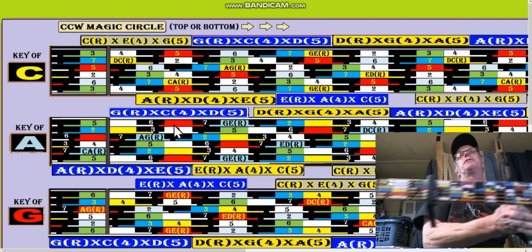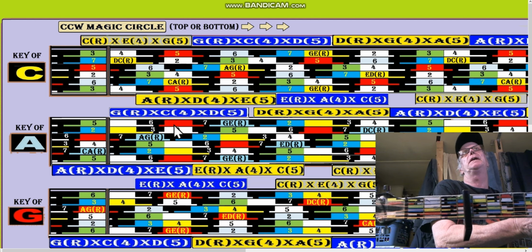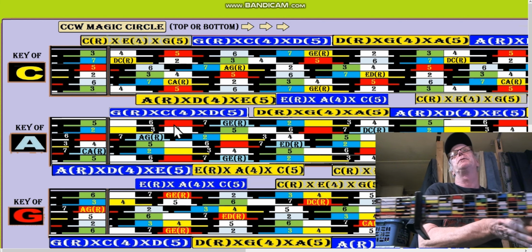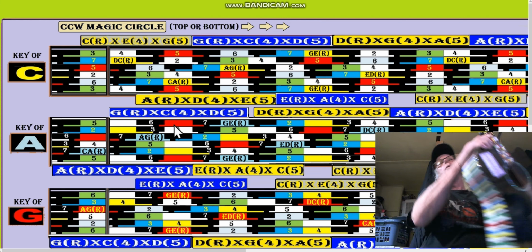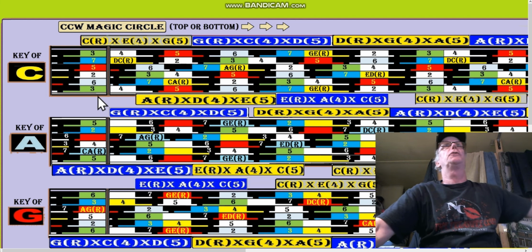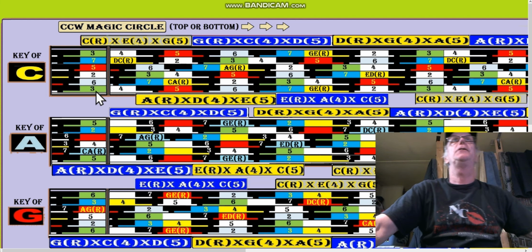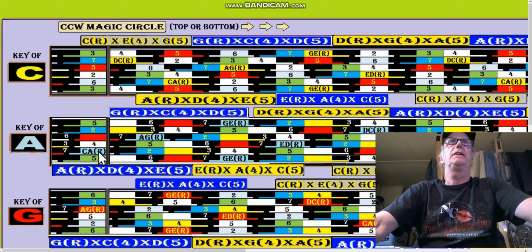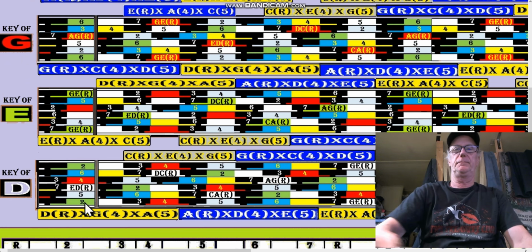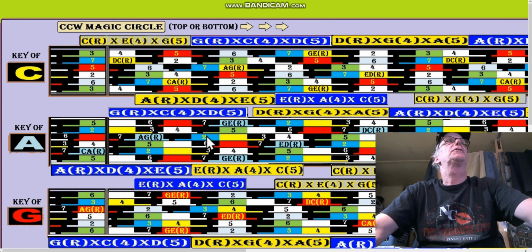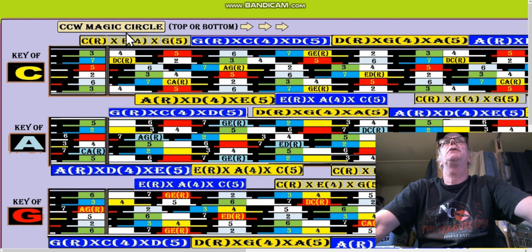Okay, and from the fret nut, from the yellow one on the bottom, or actually starting from the 3. So where that fret nut is are the green notes. Notice the green note is the 3rd of C. It's E. E being the 5th of A, E being the 6th of G, E being the root of E, and E being the 2nd of D. So the magic circle comes into play here because I've got the C box here.